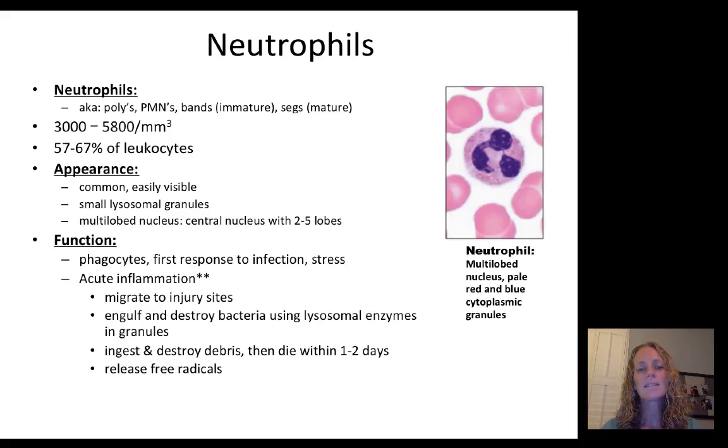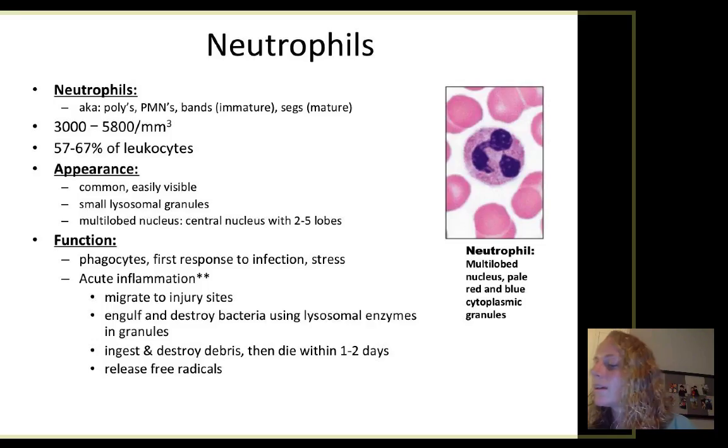Their appearance is that they are granular, so they're granulocytes. And if you look at a white blood cell under the microscope, in general, we're going to look at the appearance of the nucleus and the cytoplasm. So in a neutrophil, you can see that there are granules within the cytoplasm.